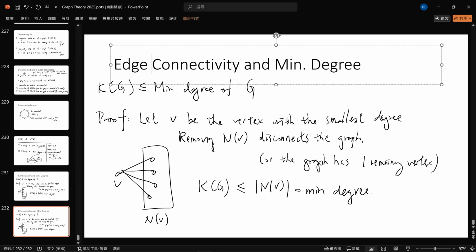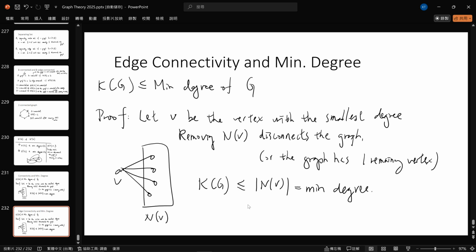the proof for edge connectivity is almost identical. Okay. So the only difference is that this time we remove the edges. Okay. So we do not remove N(V), we remove the edges between V and N(V).